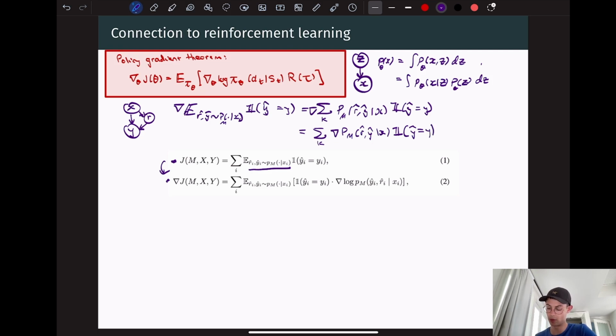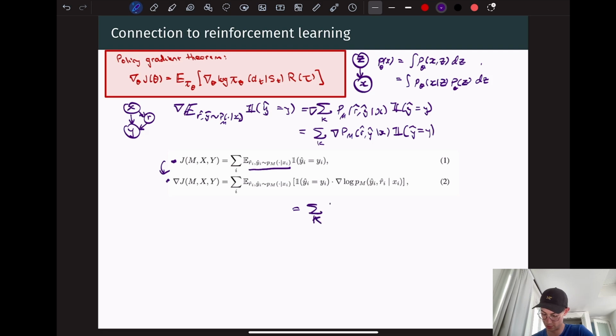After this, we can now use a trick and multiply by 1 essentially, but we're going to multiply by the probability of r hat and y hat given x. So not the gradient of it, but just it on its own.